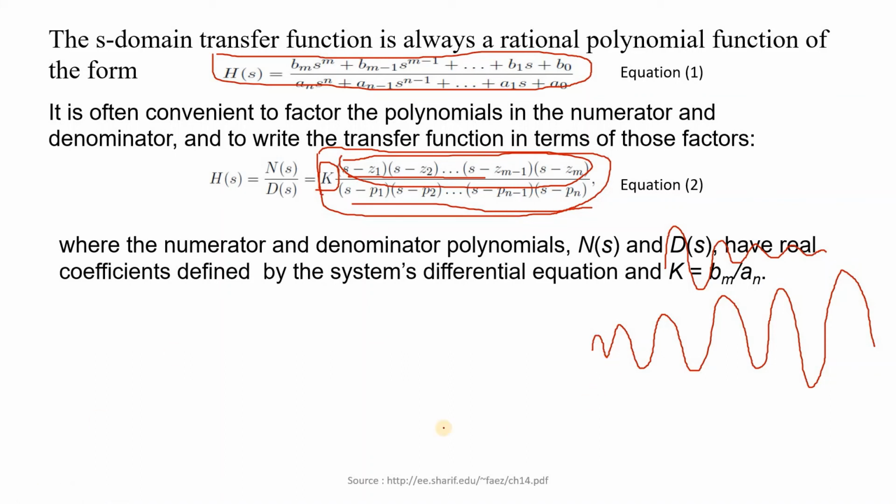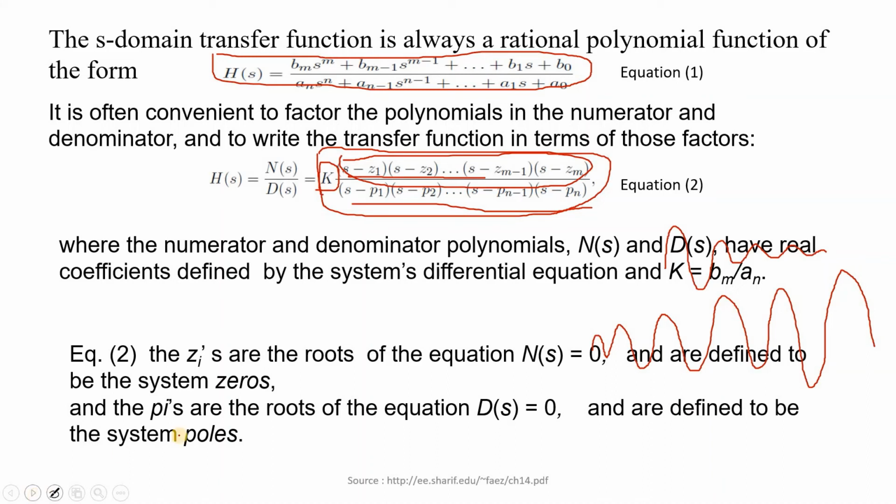Here we have numerator and denominator, and once again I will repeat: the numerator terms give zeros and the denominator terms give poles. So zeros make your system zero, while poles make your system infinite.